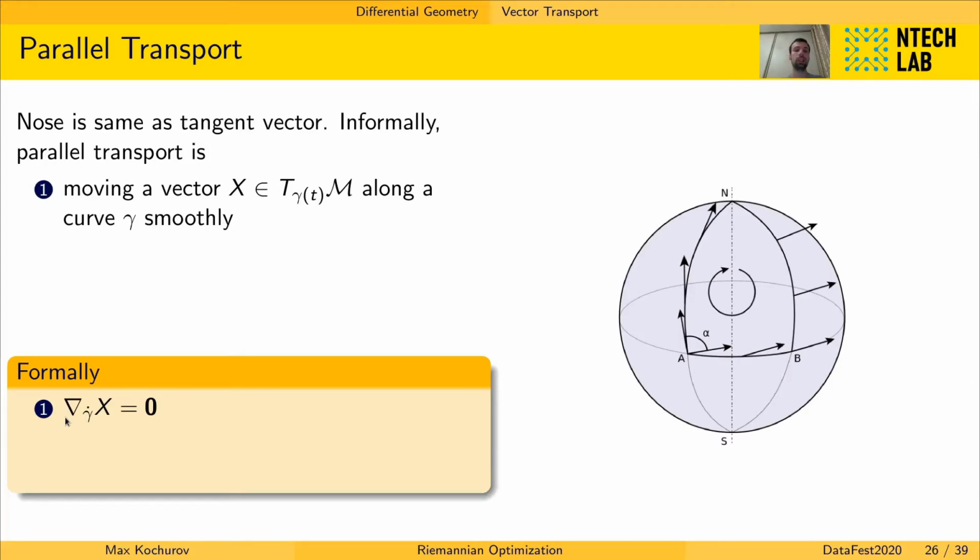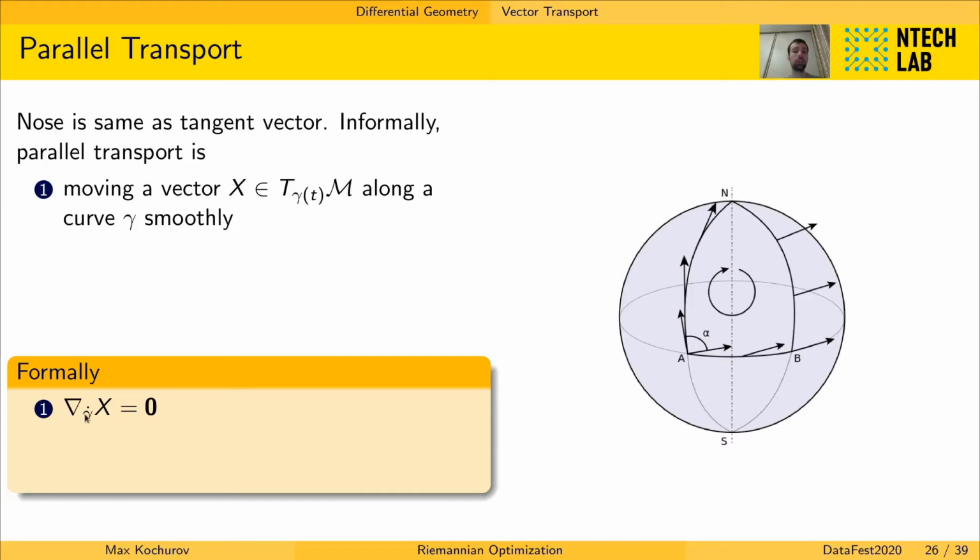So we get to parallel transport. And your nose is the same as the tangent vector. And informally, parallel transport is the smooth change of your nose direction, the change of the tangent vector along some curve.